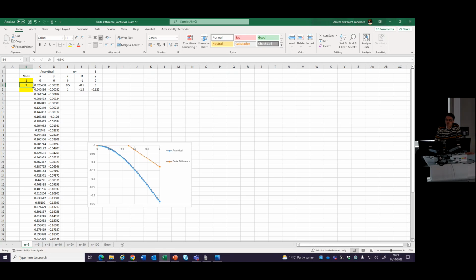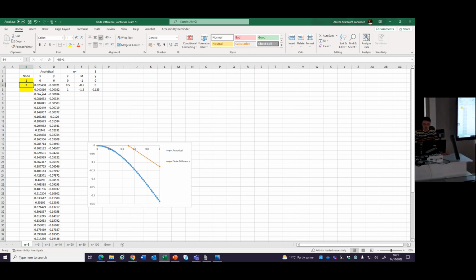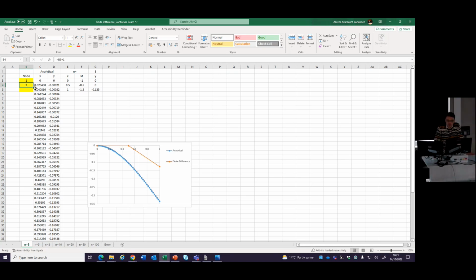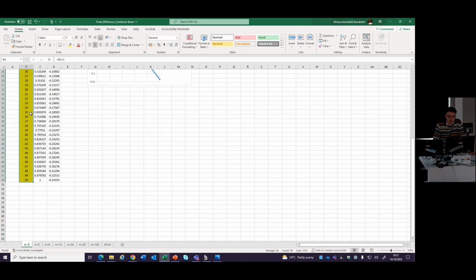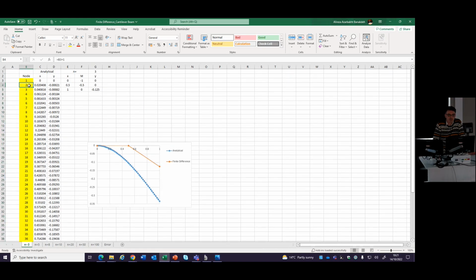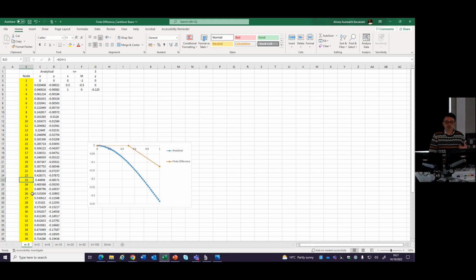If you go here and double click on this point, when this goes from this plus to this plus, okay? When I double click on this, it fills all this column based on this formula I typed here. Okay, for example, here it is B4 plus 1. This is B5 plus 1. This is B6 plus 1. Everything is the previous one plus 1.